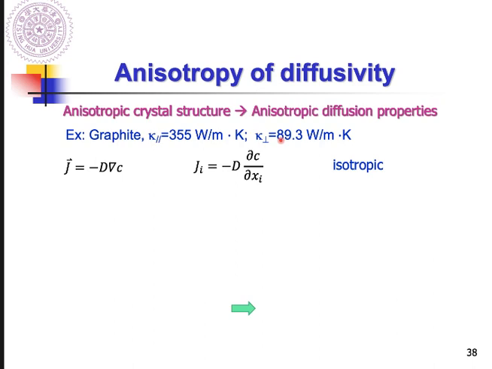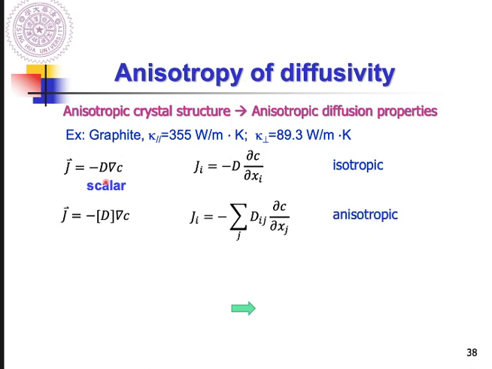If we have isotropic diffusivity, what does this mean? It means when you write down Fick's first law, the flux equals minus diffusivity times the concentration gradient. Under this situation, the diffusivity we have is a scalar.